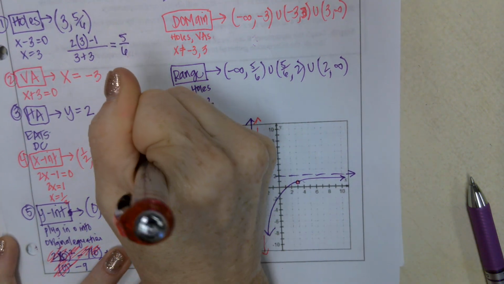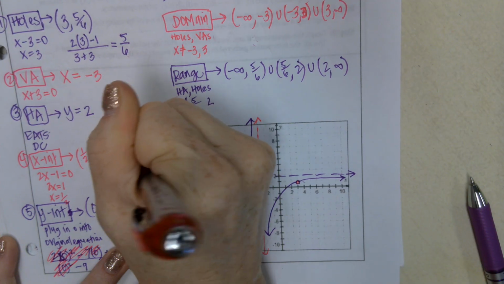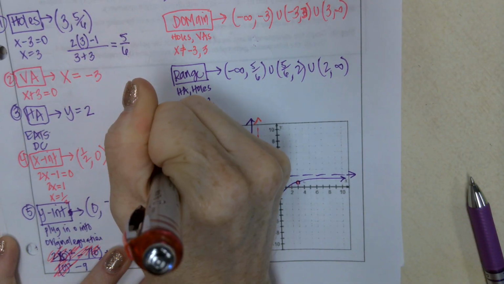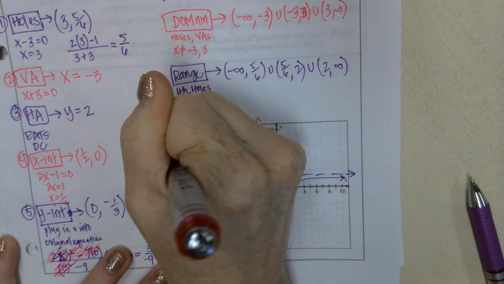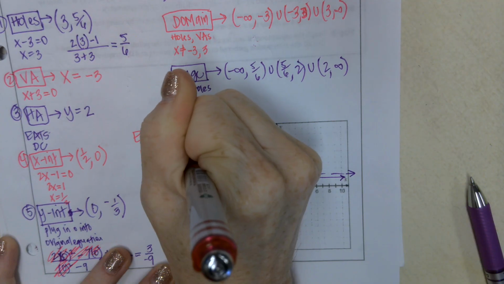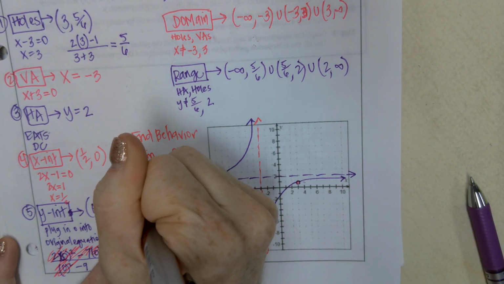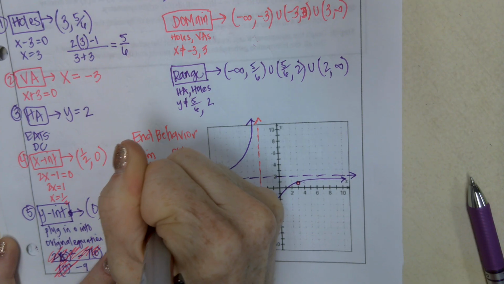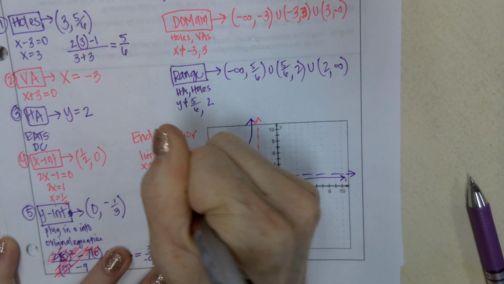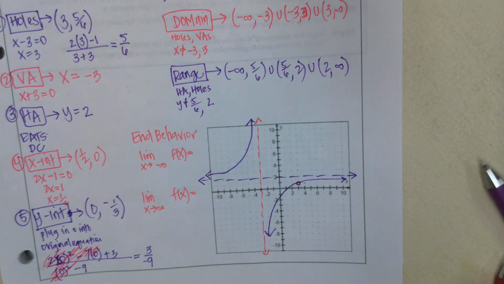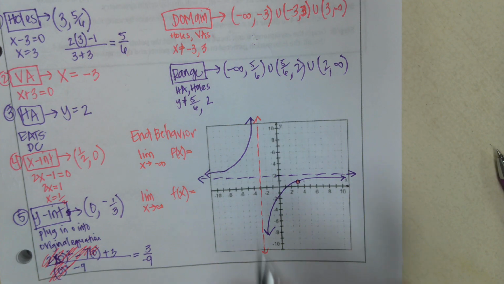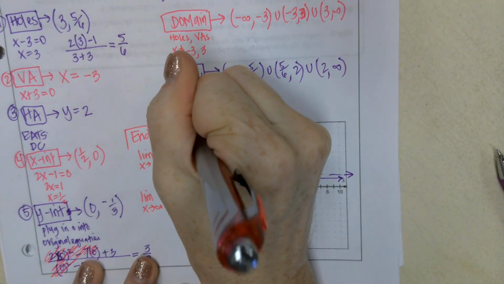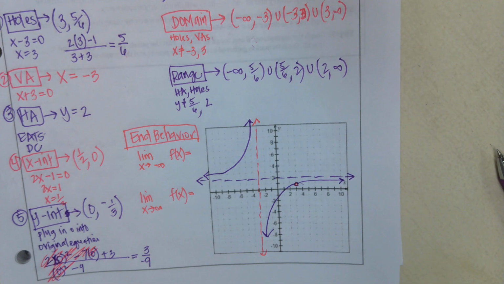For the end behavior, we will write the limit as x approaches -infinity, f of x approaches, and the limit as x approaches +infinity, f of x approaches. Jot that down, please. My end behavior is talking about the left and the right side of my graph.